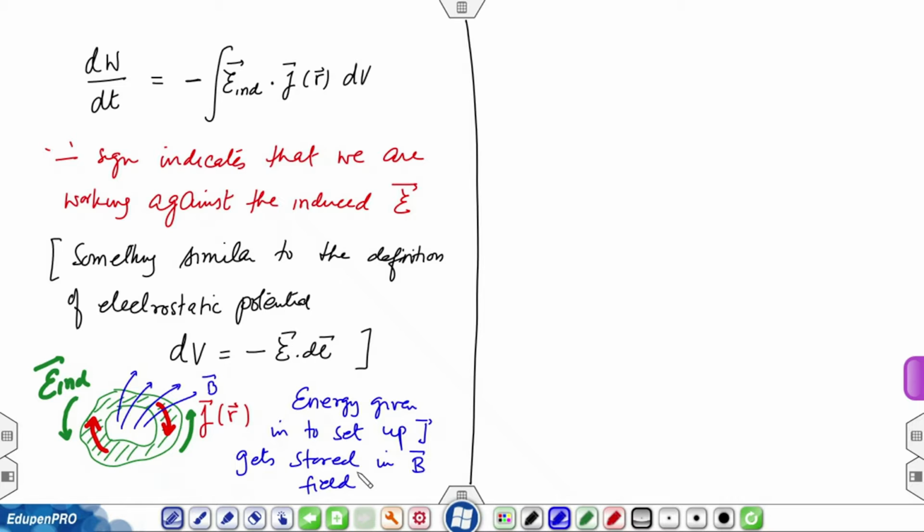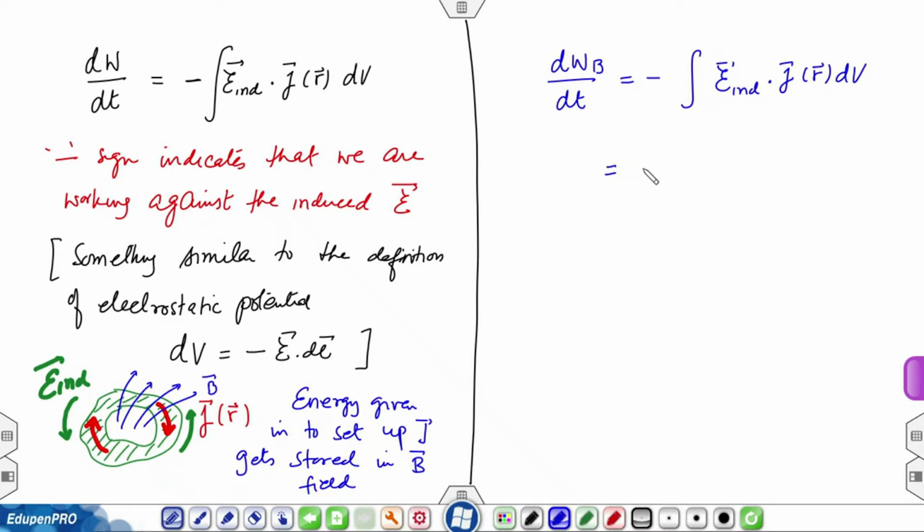That is what we are going to do, and we have already now written that dW dt, and just to make it magnetic, let me write W_B is equal to minus integral E induced dot J r dV, where V is the volume in which we are setting it up. I want to convert this into magnetic field.